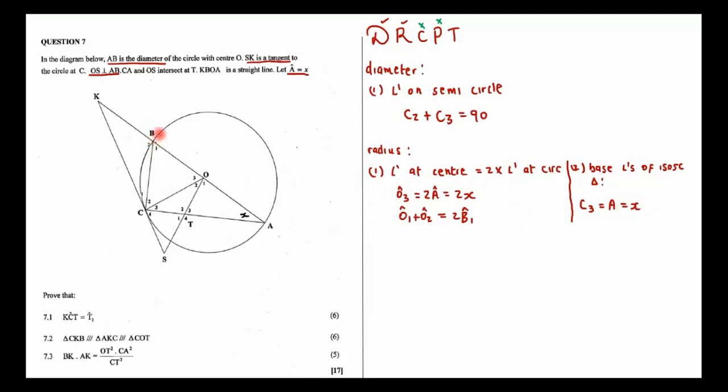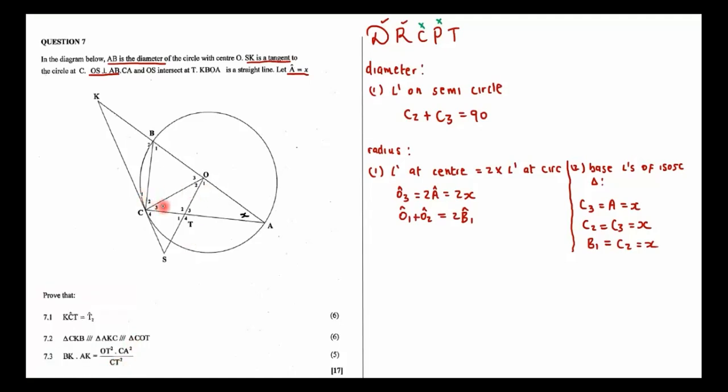And then another part that I see, which is also part of these X's, is this triangle, which is the one with OC and OB. So C2 and B1 are also equal to X. I'll say C2 is the same as C3, which is also X. And then I can say B1 is the same as C2, which is also X. This will help me understand what is going to happen here.